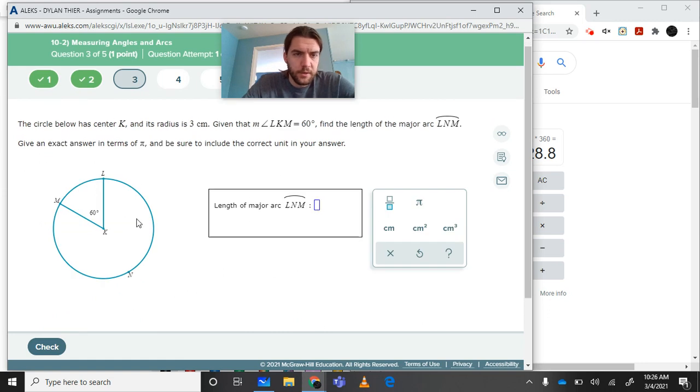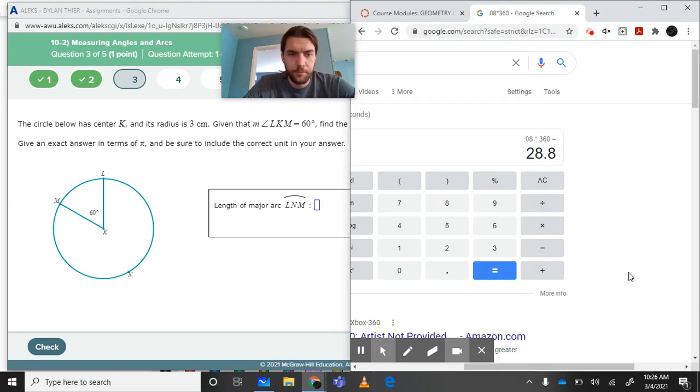So the circle below has a center K. It has a radius of 3 centimeters. Given that this angle is 60 degrees, find the length of the major arc, LNM. Well, okay, so this is 60 degrees out of 360.